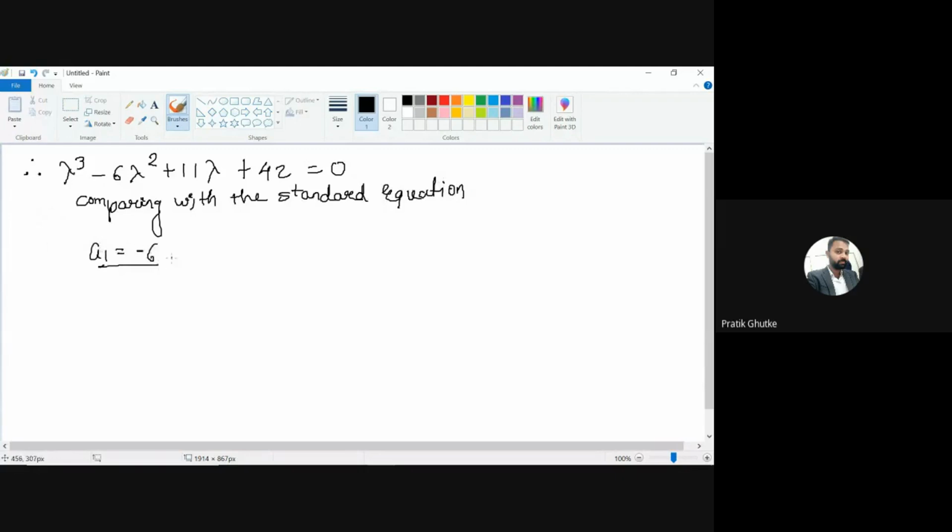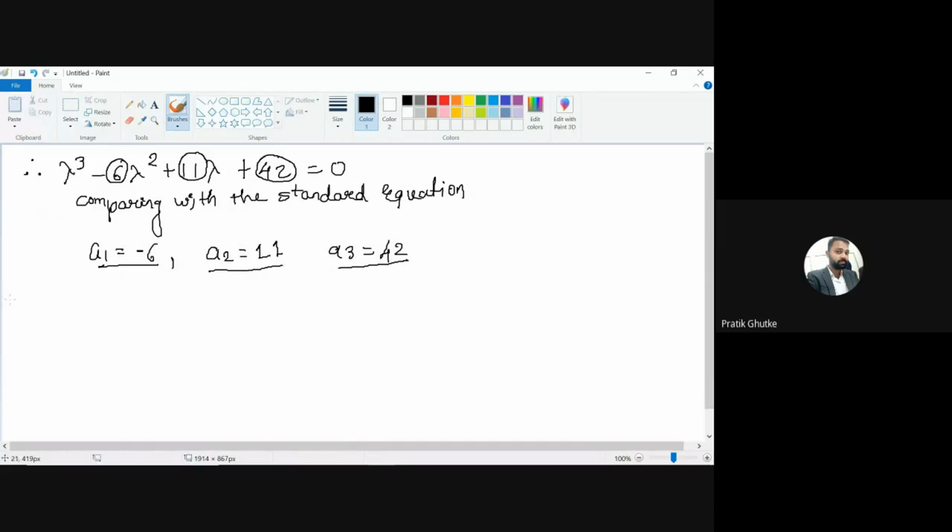Second term, that is a2 equals to 11, and then a3 equals to 42. I have compared this equation. So the lambda square coefficient is minus 6, that's why I have written a1 is minus 6, and a2 would be here 11. That is the lambda coefficient, and the constant term, that is 42. So a3 is 42 here.